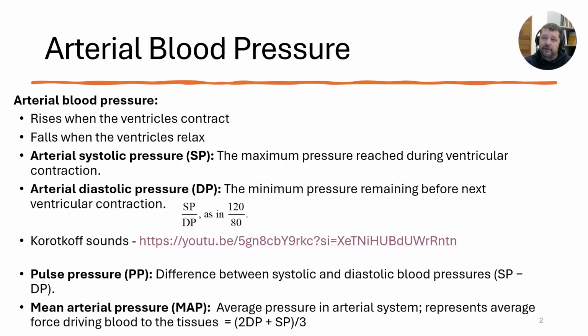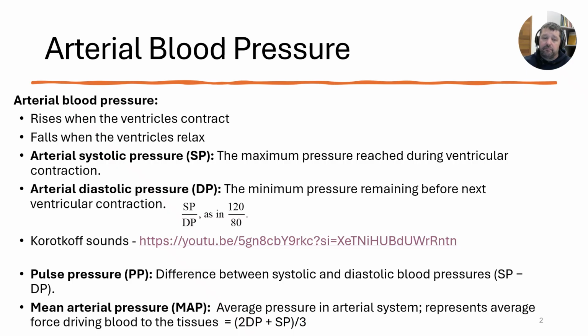From that, though, we can get another measurement, and that's MAP, or the mean arterial pressure. This is important because it can be compared across tables, and normally we're comparing it as an average. For an individual of a certain height, mass, and age, this is what we'd normally expect.